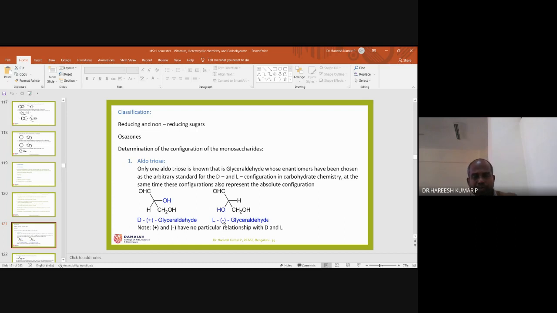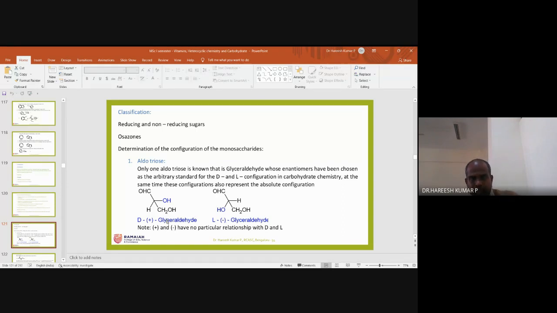Here, the experimental one is minus. What does minus indicate? Minus is levorotatory. Levo means this particular compound rotates the plane polarized light towards the left. That's what the minus indicates.